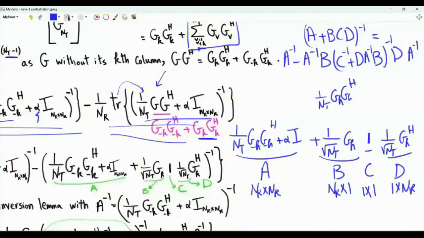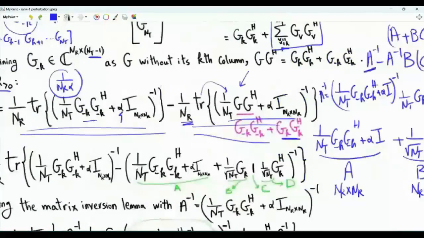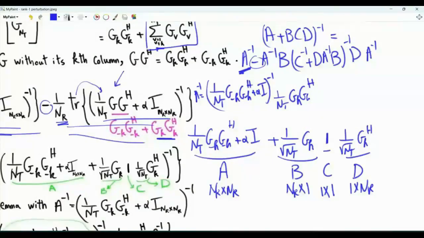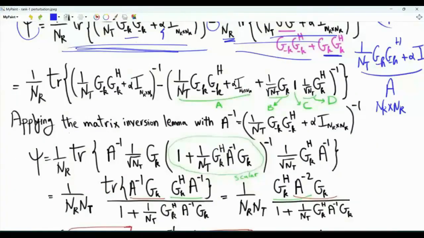Note that in our case, A inverse is the inverse of 1 over NT G_minus_k G_minus_k Hermitian plus alpha I. If we apply the matrix inversion lemma, take the trace and then multiply by 1 over NR, then this term will give us a term identical to this one, but with a minus sign. These two go away, and then what we are left with is plus 1 over NR, the trace of these terms here.